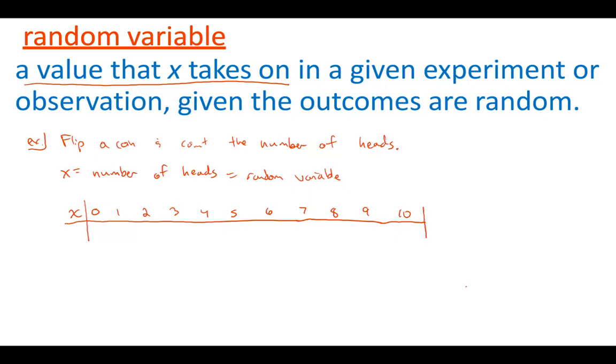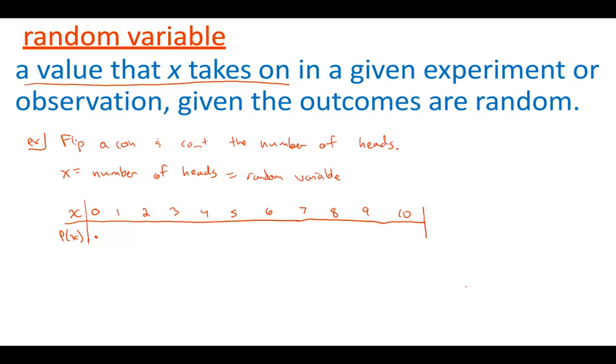In this probability distribution, we're also going to have some probability of x occurring. So let's say we flip this thing and we're going to do this experiment a bunch of different times. We're going to do 10 coin flips again and again and again. And we come up with all these different probabilities. So what's the probability of getting exactly 0 heads? That's going to be very low.